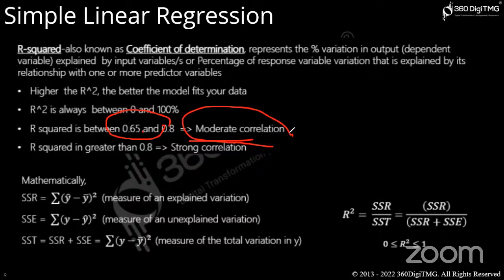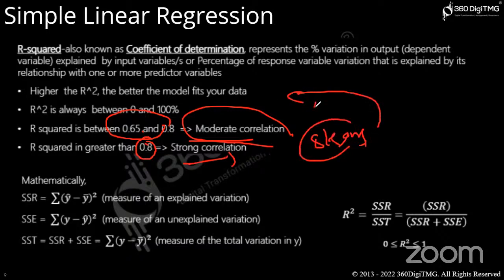If you have R square value, that is R2 value, greater than 0.8, in that case you can say it is a strong correlation. Like we have discussed in the correlation, the same way R square is looking at the correlation between the input variable and output variable, right?